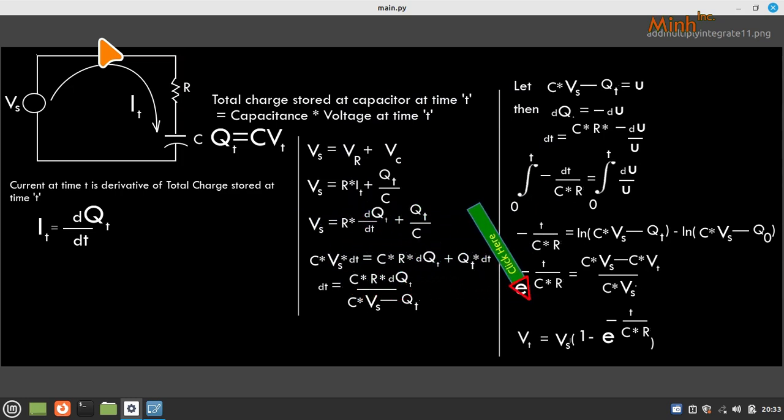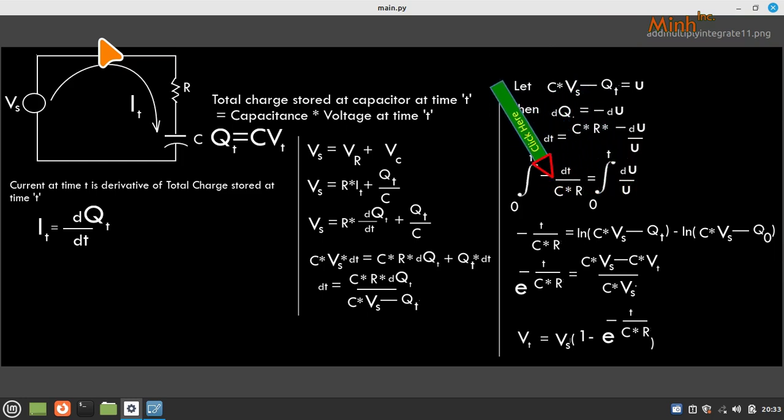Okay, so this is a kind of differential equation. If I consider CVs minus Q(t) as U, then dq equal to minus du. So finally we come to an equation where dt by CR equal to minus du by U.